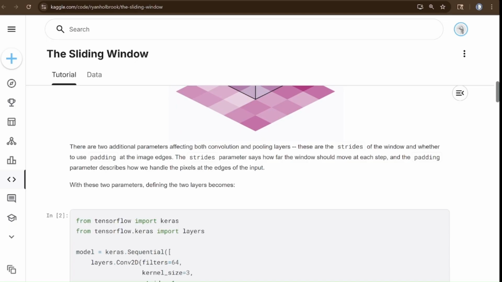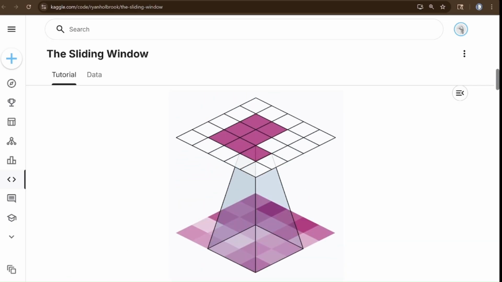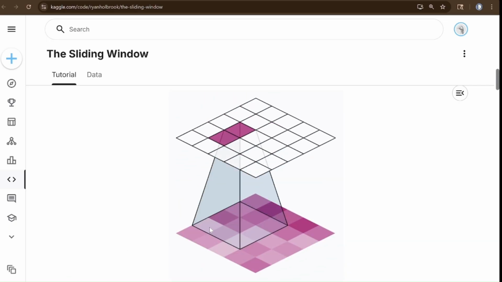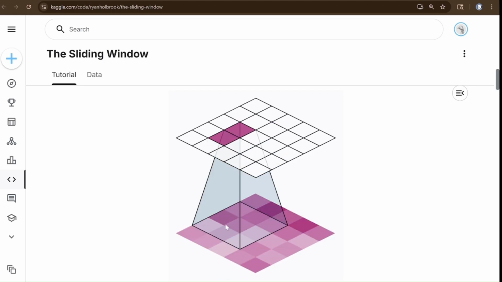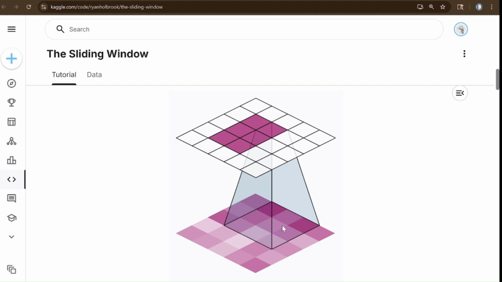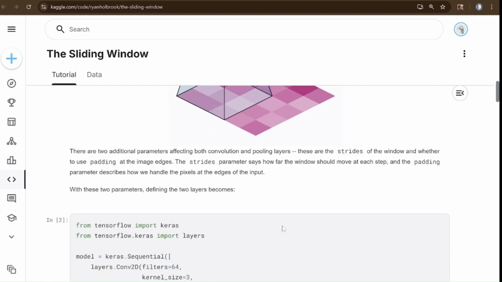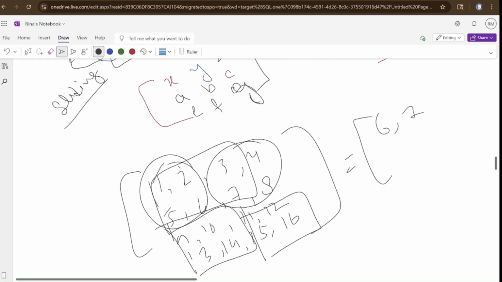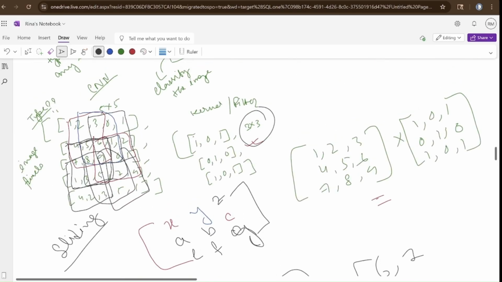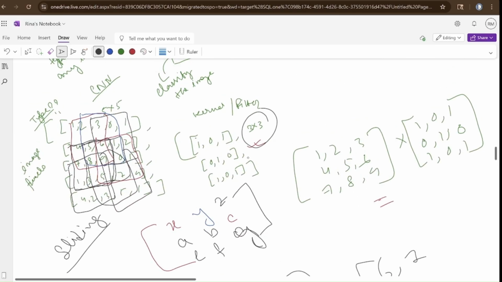Okay, now these are two additional parameters. Here you can see this one. See, like every time it is sliding by 1. See, okay, so this is called sliding. Now there are two additional parameters affecting both. These are strides and padding. Now before reading this, let me just tell you what is stride and padding in simple terms. See, while we are shifting this, we are shifting by 1.